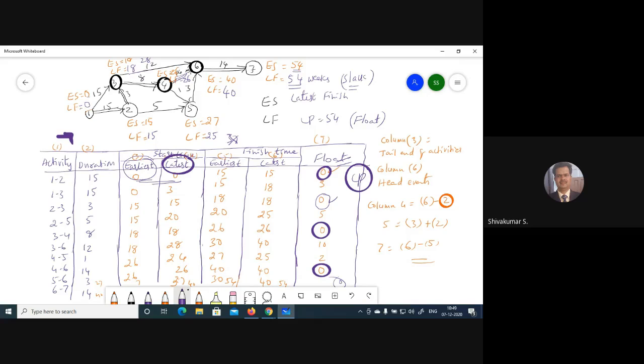That's about this problem. Now let us start one more problem so you'll understand better. By 12 o'clock I'm going to take a different problem, but now one more problem of a similar kind. I think with this idea you can draw a network and solve it.